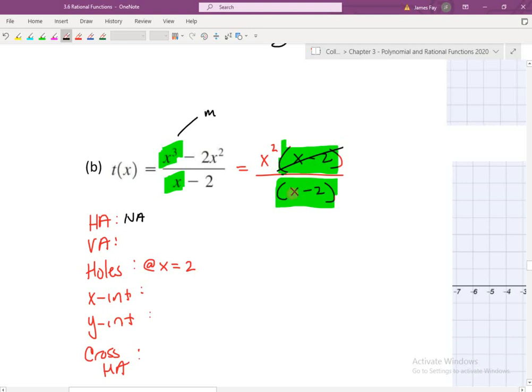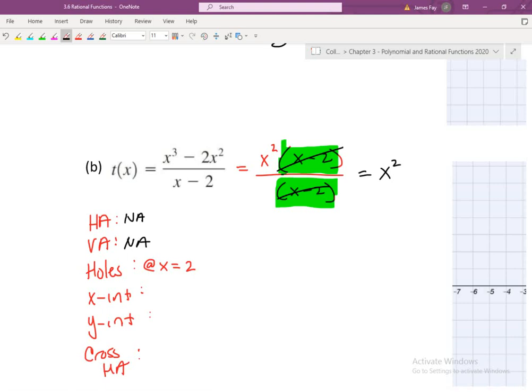Okay? Vertical asymptote, for the same reason, these cancel. Those were the hole. You have no vertical asymptotes. When those cancel, we do end up with x squared. So when I have a rational function where terms cancel, when you find x-intercepts and y-intercepts, you're going to want to go from the reduced version.